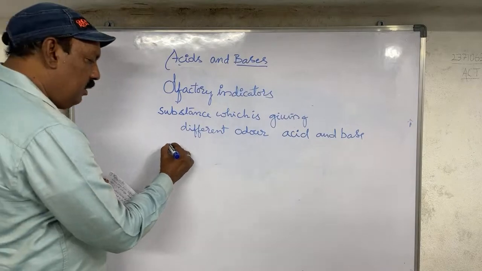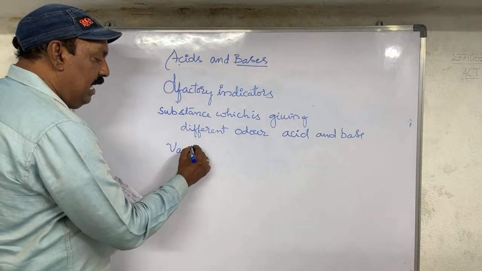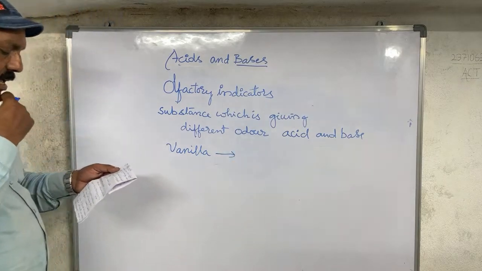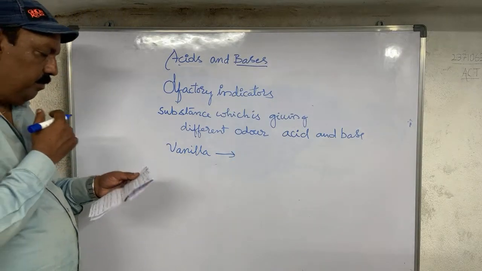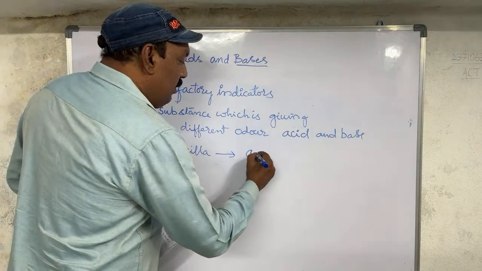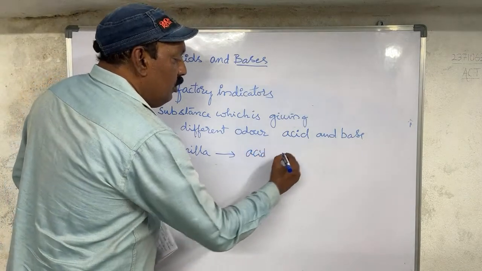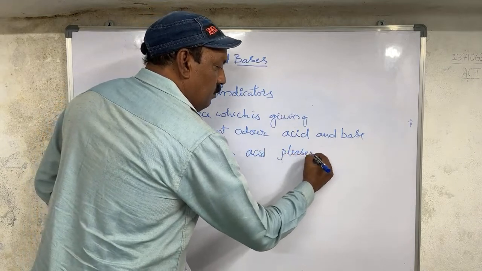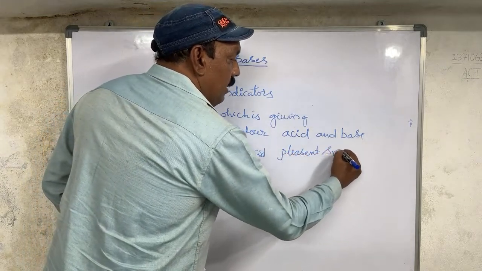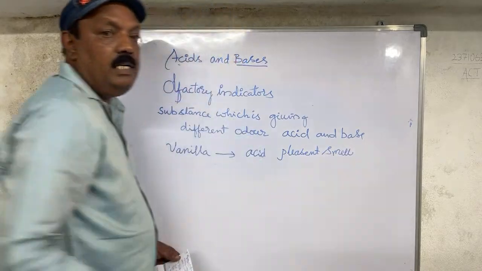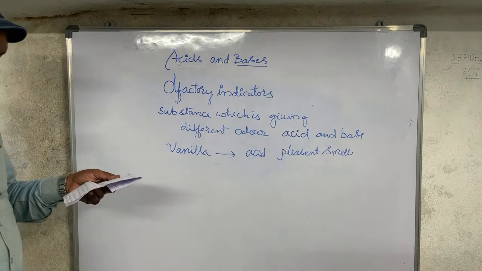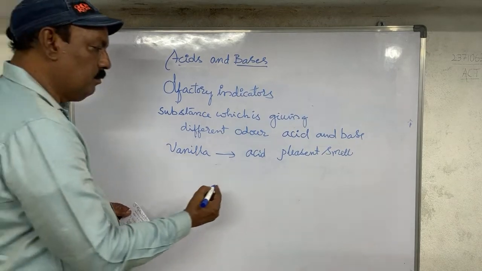Vanilla. You will take vanilla. Whenever you are adding vanilla to the acid, you will get one beautiful pleasant smell. Vanilla you added means you will get an interesting pleasant smell.